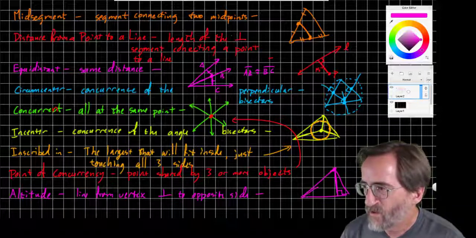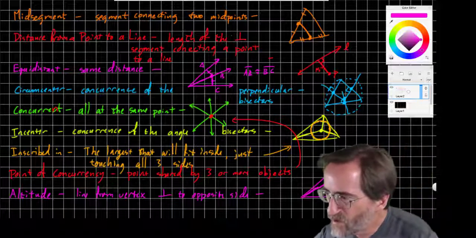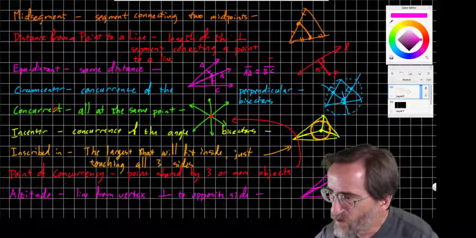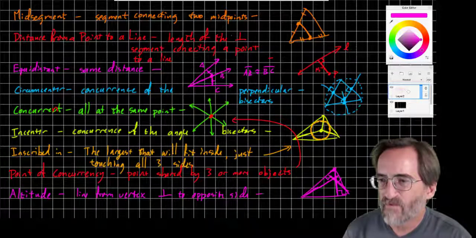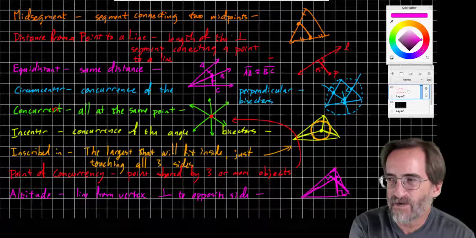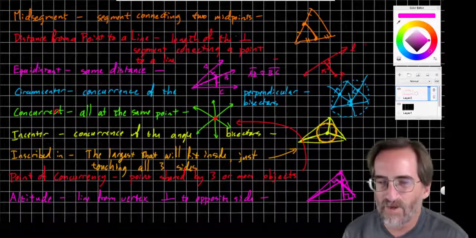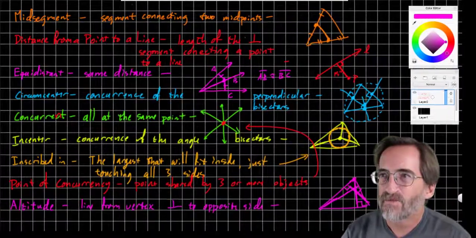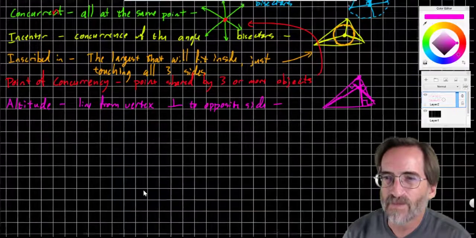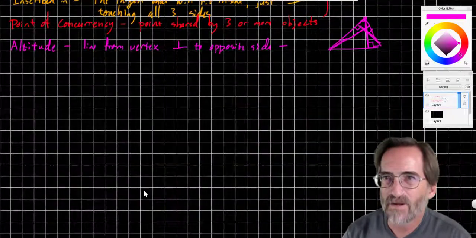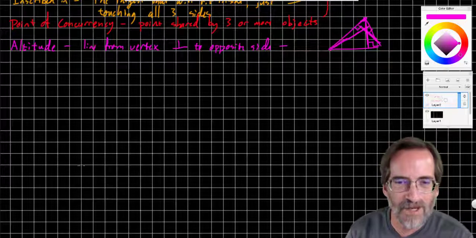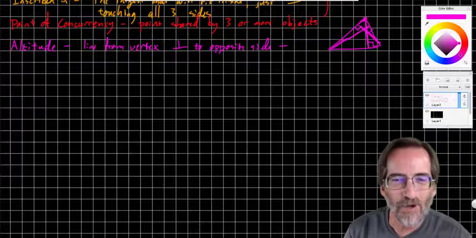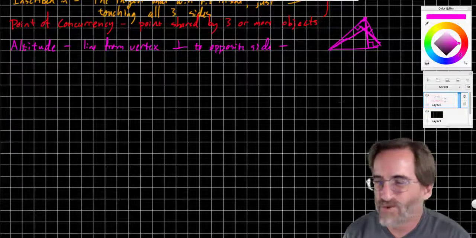Note that there's one there, there's one here, and there is one right here as well. They are concurrent, and the point of concurrency is called the orthocenter. But it's a line from the vertex perpendicular to the opposite side. Notice it doesn't split the side or the angle in half necessarily. Time to make a little bit of room here. Altitude. Don't give me any altitude, man. No, that's attitude.